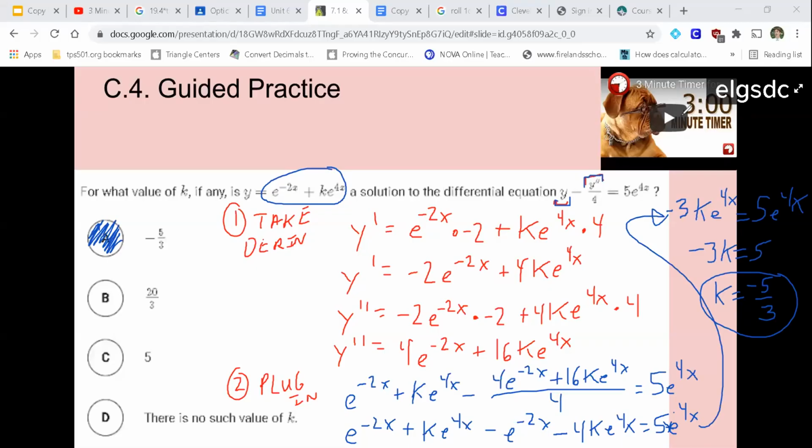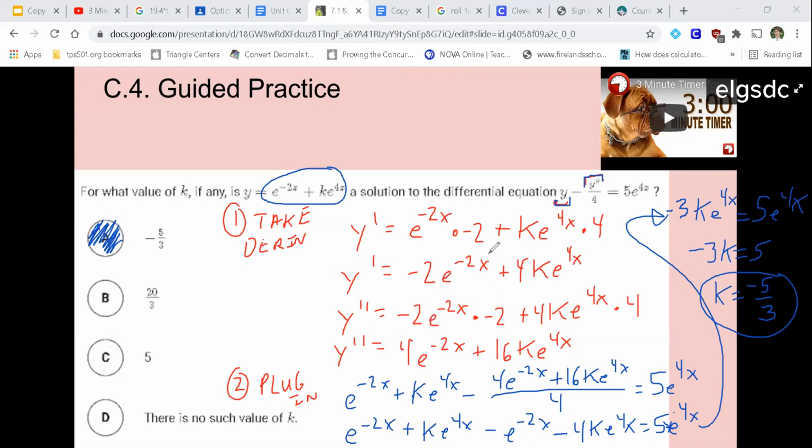All right, hopefully you got the answer. If you take the derivative, again, it's the chain rule. Derivative of e is e, so we get e to the negative 2x times negative 2. k e to the 4x times 4, which if you move the coefficients out in front, you get this. Second derivative, again, we need a second derivative for this differential equation. Same rule, chain rule.